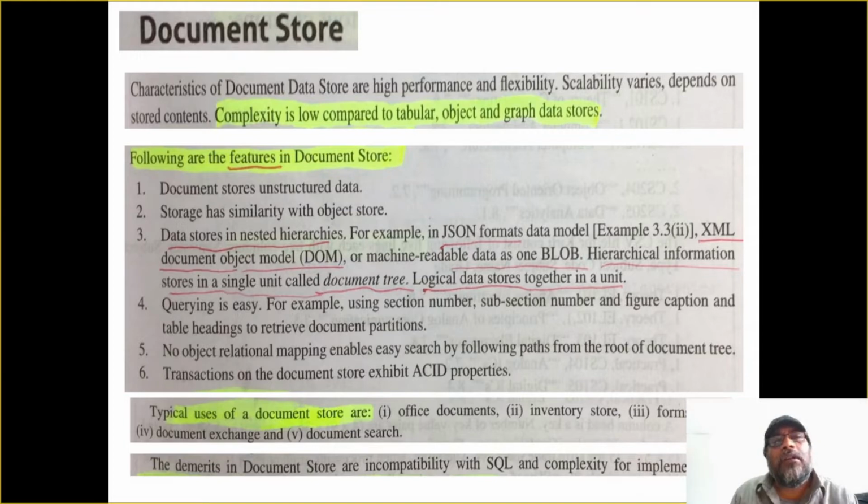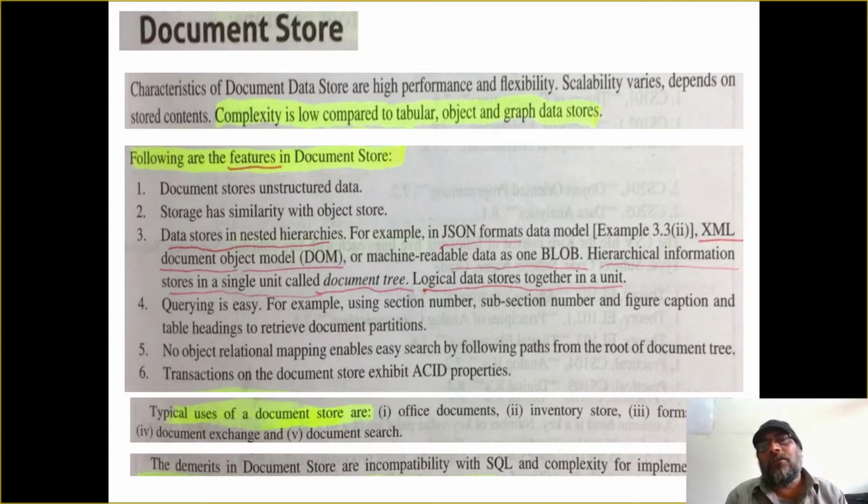Document store stores unstructured data. Storage has similarity with object store. Data are stored in nested hierarchies, for example the JSON format data model, or the XML Document Object Model. In XML, DOM is one standard, or machine readable data as below. Hierarchical information is stored in a single unit called a document tree.